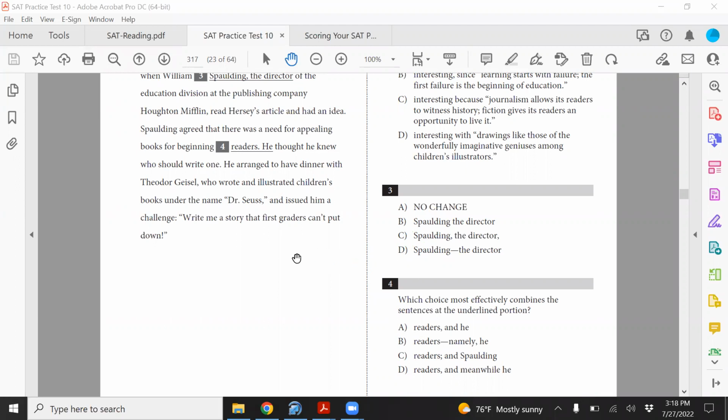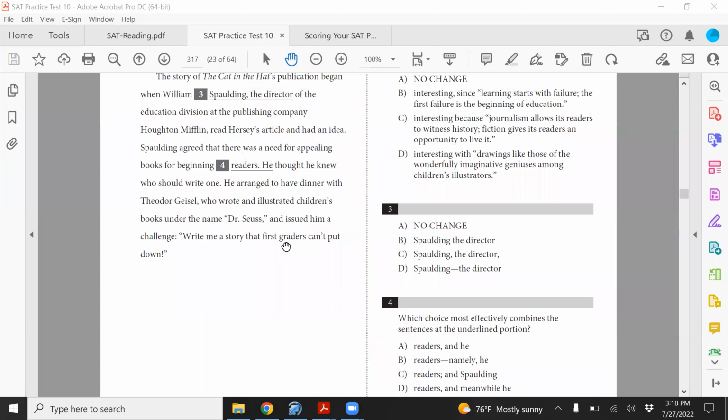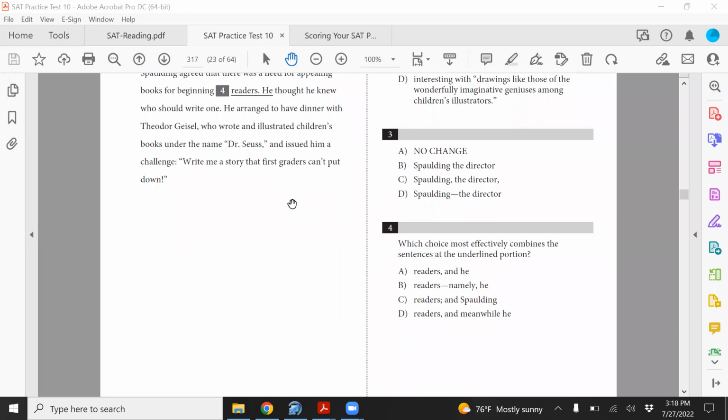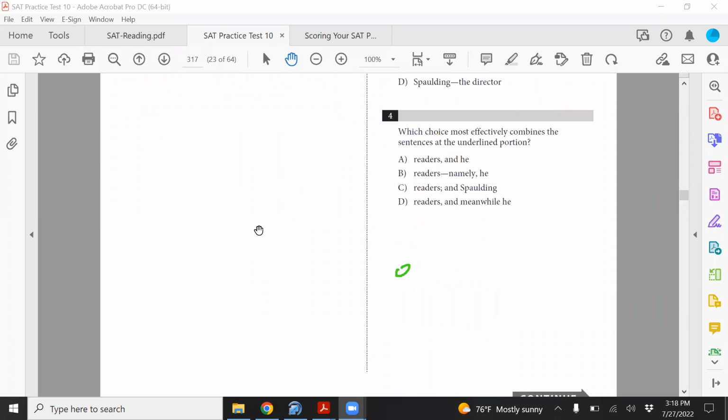That would not be true by saying, and Spalding thought he knew who should write one. You wouldn't start a sentence that way. I'd probably go A on that one. Spalding agreed that there was a need for appealing books for beginning readers, and he thought he knew who should write one. I don't know if I'd do the comma personally, but it seems like the best of all those options. And B sounds weird also.